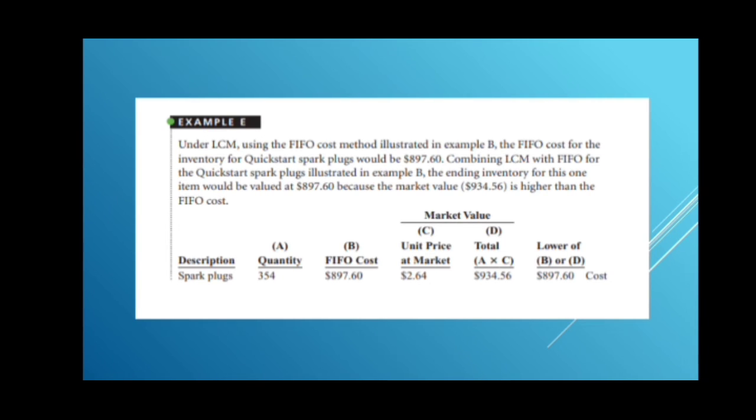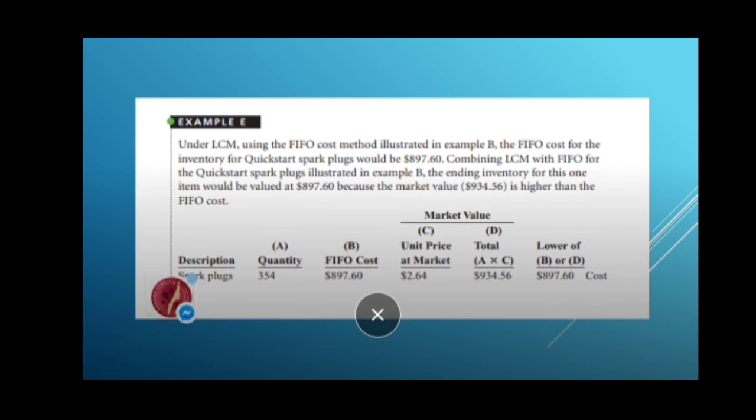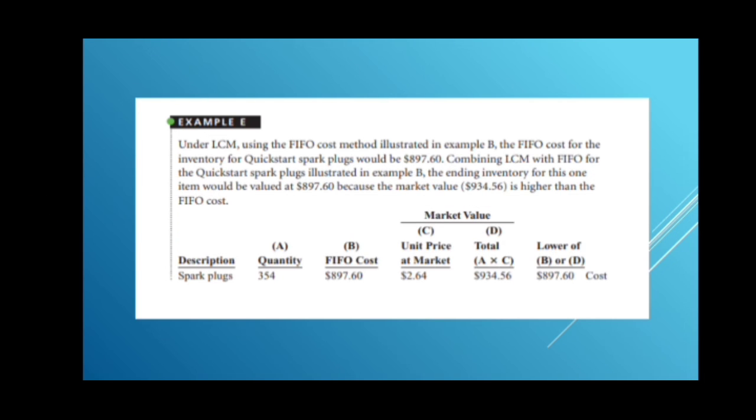Combining LCM with FIFO for the quick start spark plugs illustrated in example B, the ending inventory for this one item would be valued at $897.60 because the market value of $934.56 is higher than the FIFO cost.